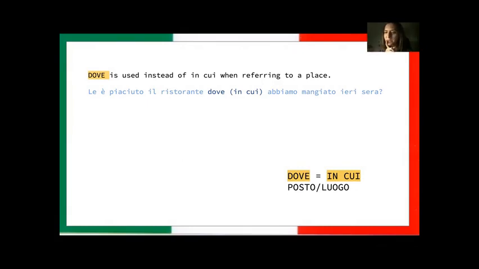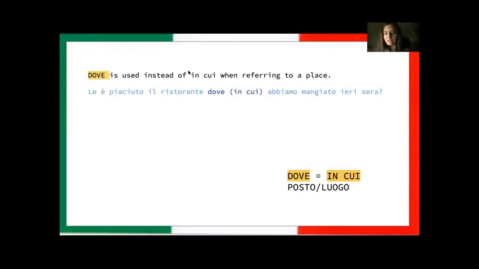Anyone? Could you please write down in the chat here? Okay, Matthew, correct. So we are going to be using dove because it refers to a place. She liked the restaurant where we ate last night. Okay, so the ristorante is that place.